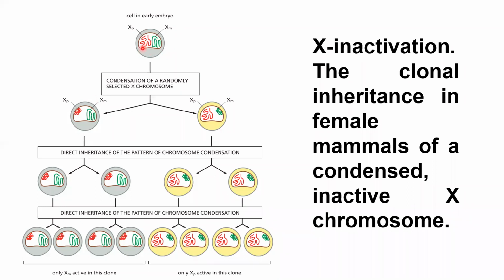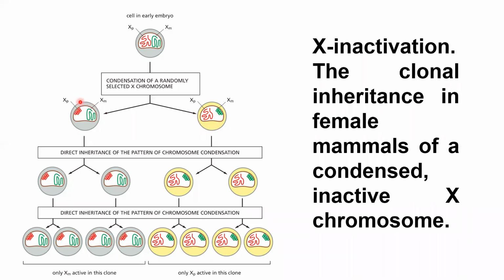Now this embryo divides, and with the division, randomly in case of this one, the paternal X chromosome is inactivated, while in case of the other cell, the maternal X, the green one, is inactivated.